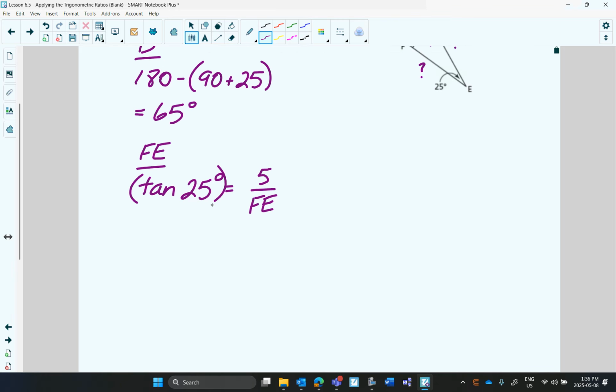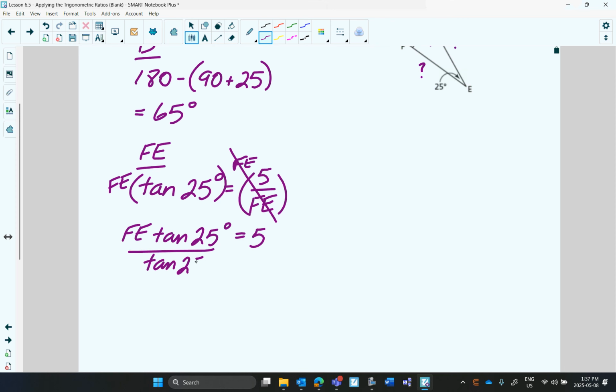Multiplied by FE. Get rid of the fraction. So I get FE times tan 25 degrees equals 5. And then divide by tan 25 to get FE by itself.